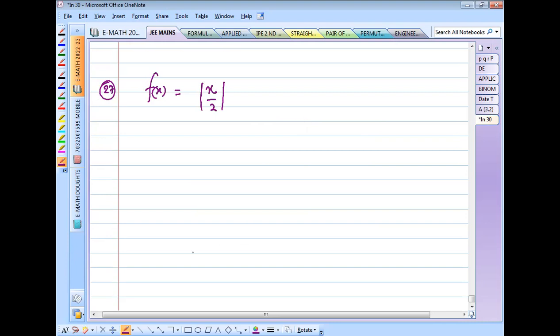Let us discuss some graphs regarding the modulus functions. So suppose take this x-axis and this y-axis. Mod x is always a V-type function, a V-shaped function. Okay, so this is mod x.